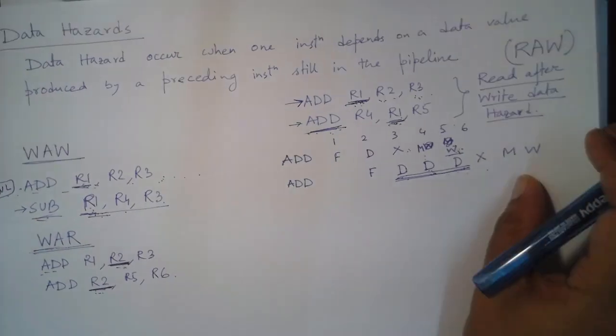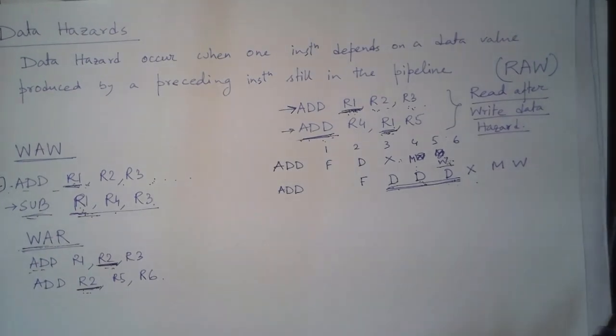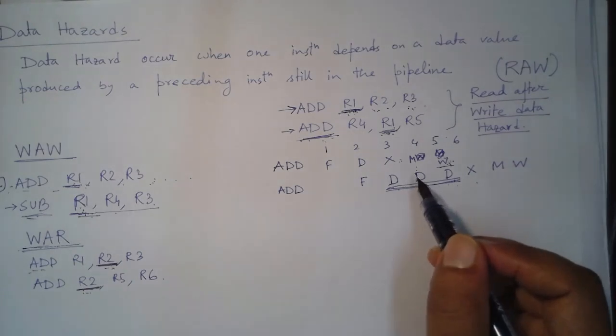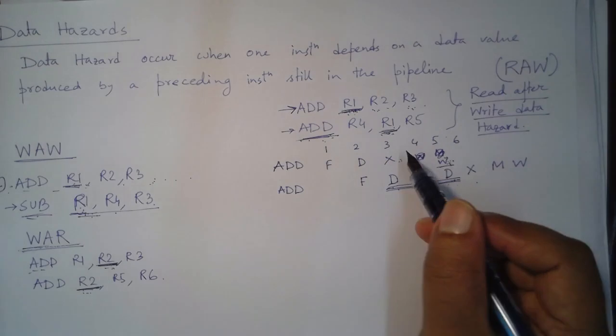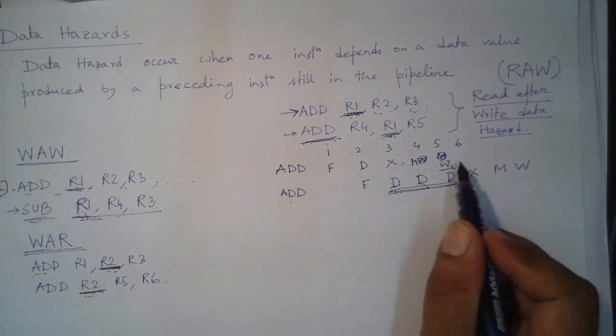All right. So now we will go back to this read after write hazard, and we will look into this pipeline diagram here. Now, we have seen that if we can somehow detect that there is this dependency, we can stall this instruction till the data is available.